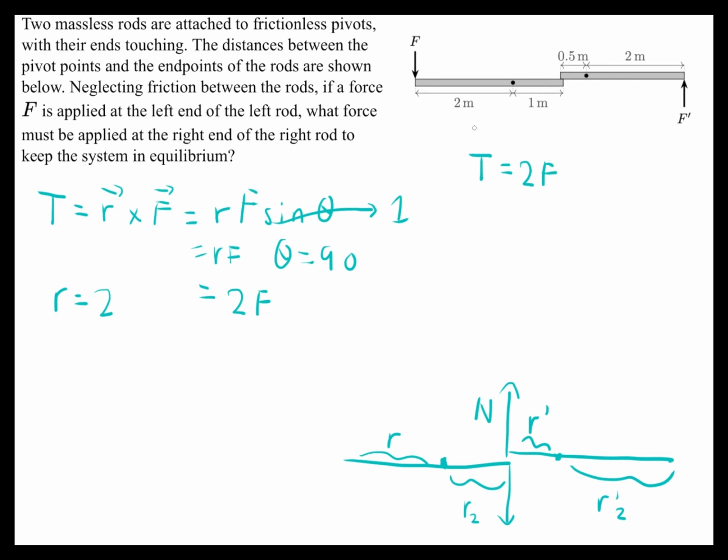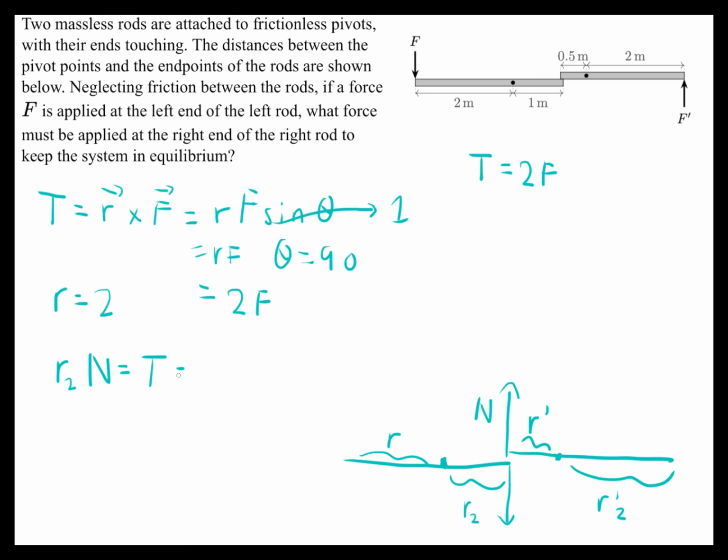So now we can use that to figure out the other force N at the other end of the rod. The torque applied on this side is going to be the same as on this side. So the torque on the other side, which is given by this distance to the pivot point, which is slightly different, it's 1 meter instead of 2 meters, times the other force, the force at the other end of the rod, is going to be equal to the applied torque on the left rod.